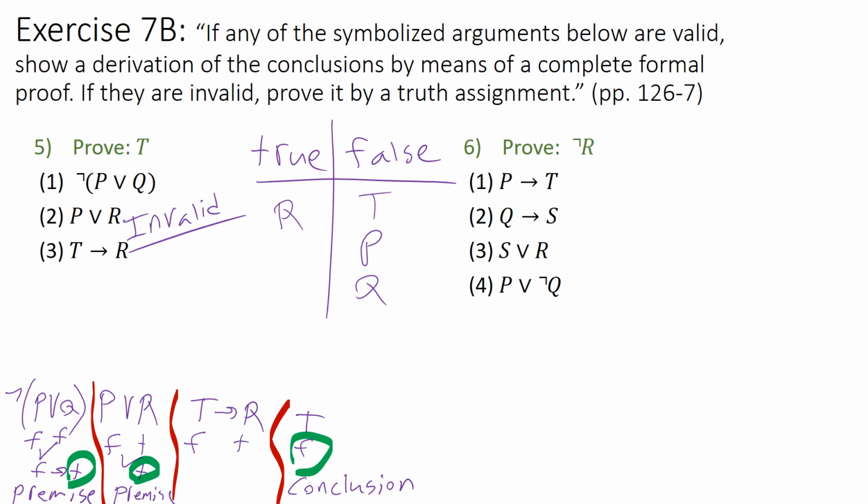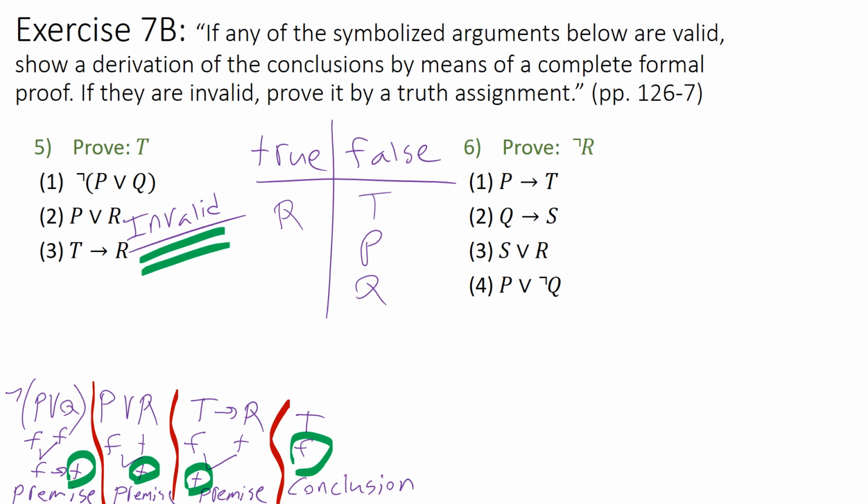So we can work on the third premise. So T is false, R is true. The conditional is thereby true, so we have a true premise. We have three premises. Each of them is true, but a false conclusion, so this is an invalid argument.